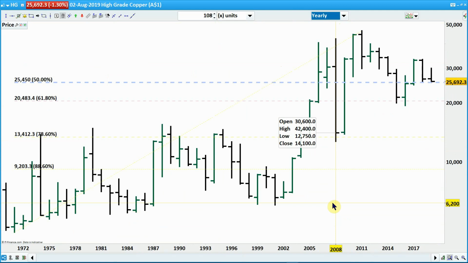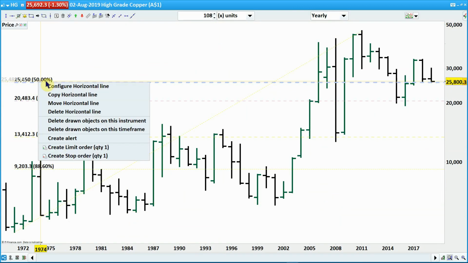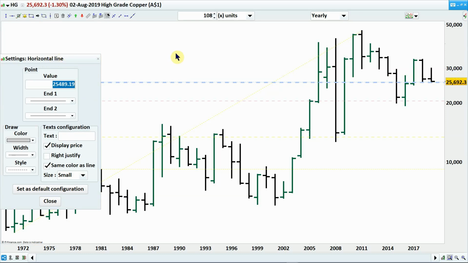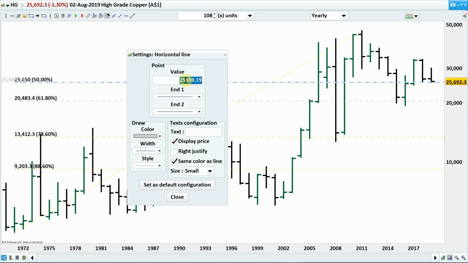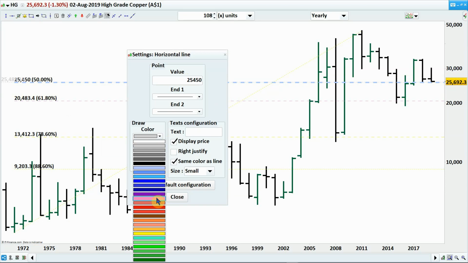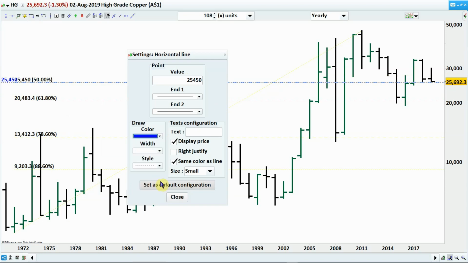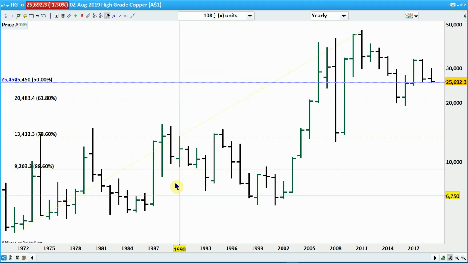So what you do, we draw a line on 25,450 and make this an yearly line. So we'll make this a little bit firm, and then we'll draw another line.